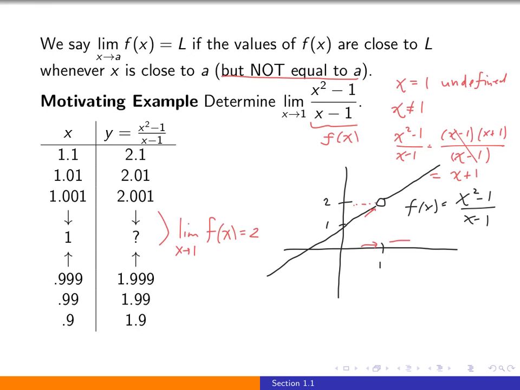Likewise, if I think about approaching 1 from the right-hand side, the outputs of our function are becoming closer and closer to that open circle from the right and above, i.e. that value 2. So from a graphical perspective, as we plug in inputs close to 1, those outputs are becoming really close to 2. So from the graphical investigation, we also have that the limit as x approaches 1 of this desired function is equal to 2.